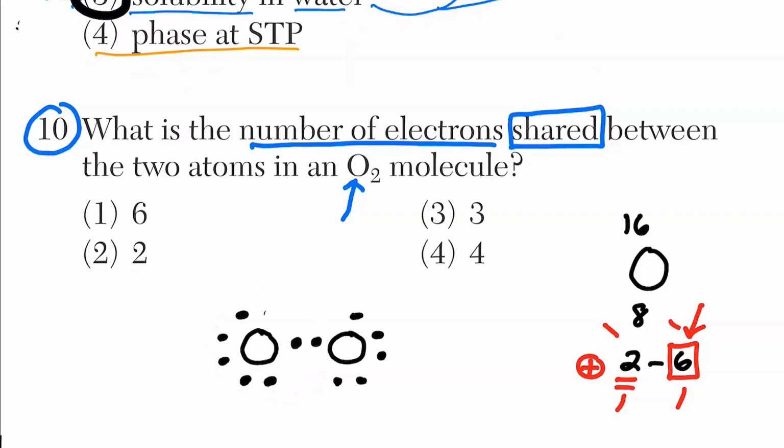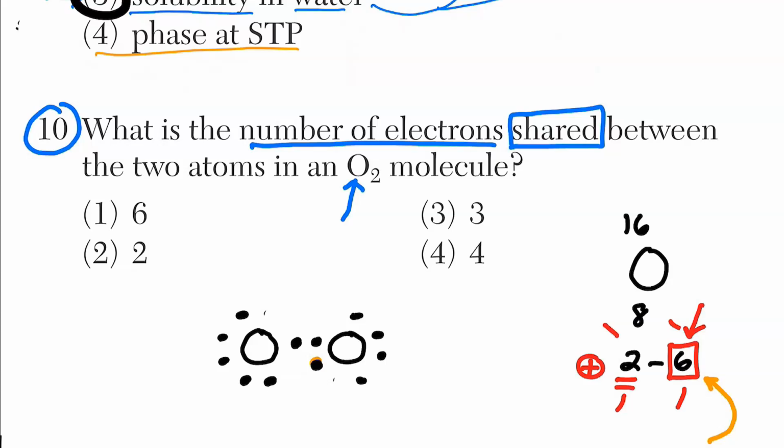And the octet means we want to fill this shell here till it gets to 8. So each oxygen wants to share, guess what? 2 electrons. So we got to keep going here. We've got to add a second bond. One bond is a pair. So I'm going to take that one away, and then I'm going to put that one here. Let's keep it the same color.